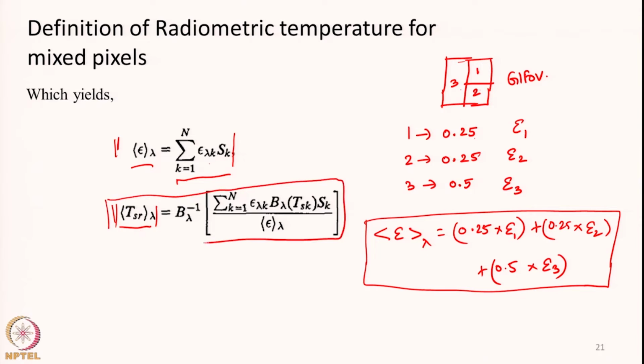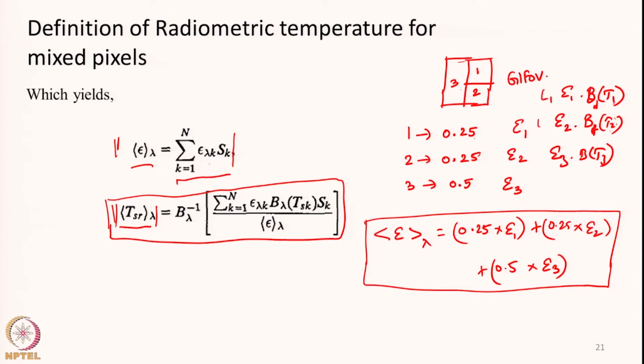The radiometric temperature is given by this particular equation. The total radiance observed by the satellite is as follows: each object will have its own radiance. Let us say for object 1 the radiance is emissivity 1 into B1, where B is the Planck's function, then emissivity 2 into B2, emissivity 3 into B3, where T1, T2, T3 indicate the actual temperatures of the 3 objects.